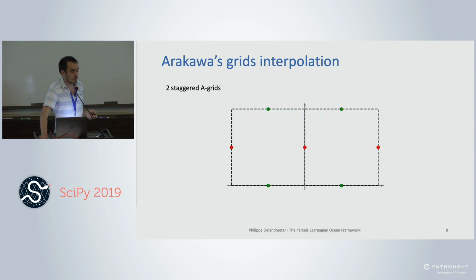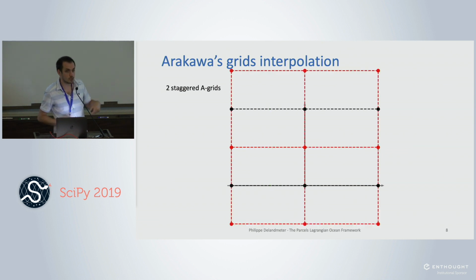Then what happens for a C grid? So for a C grid, the red points are the U velocities, the green points are the V velocities, and you can see a C grid as a set of two staggered A grids. So for the U velocities, you see those 2 points here.